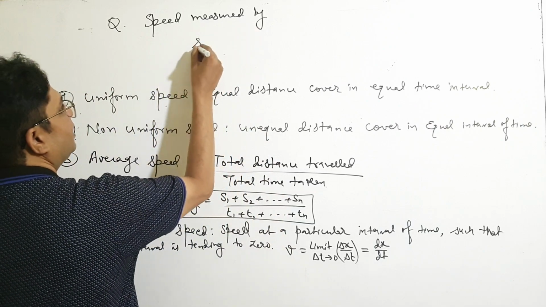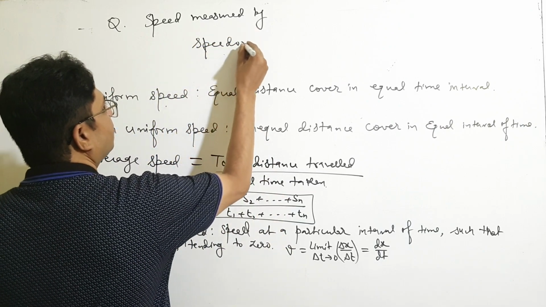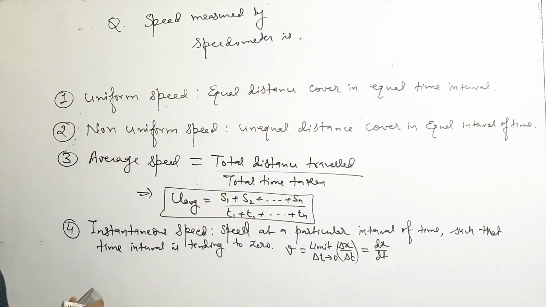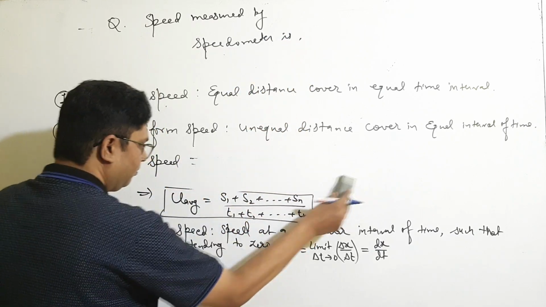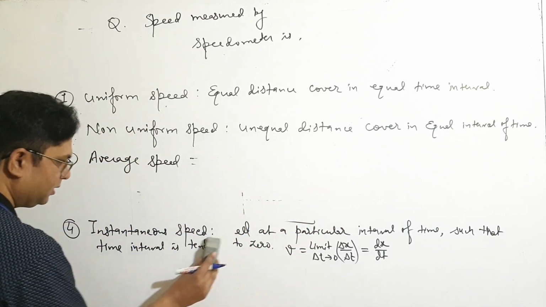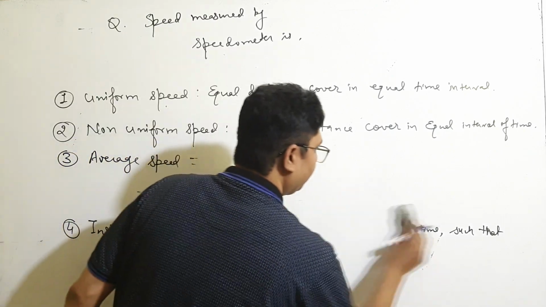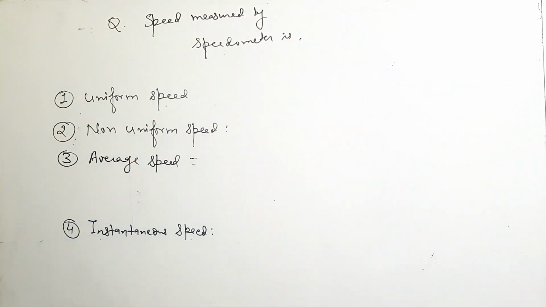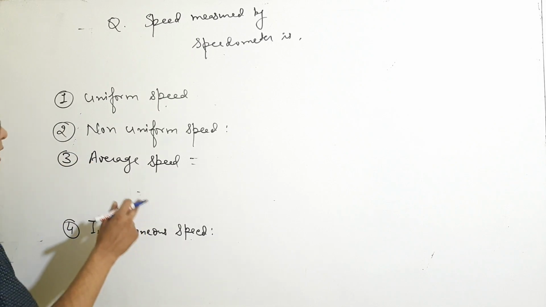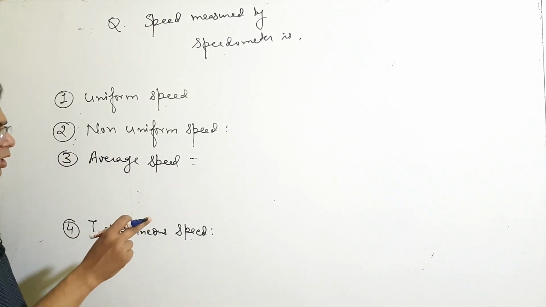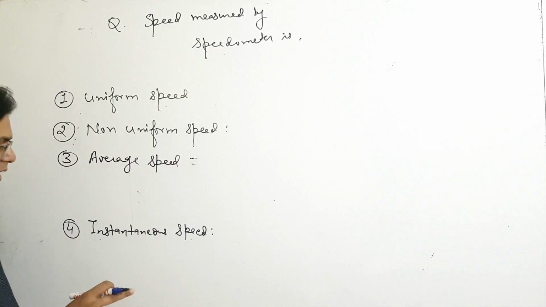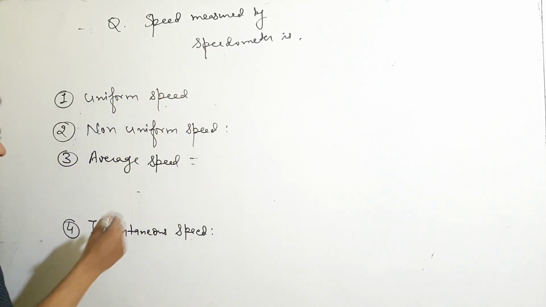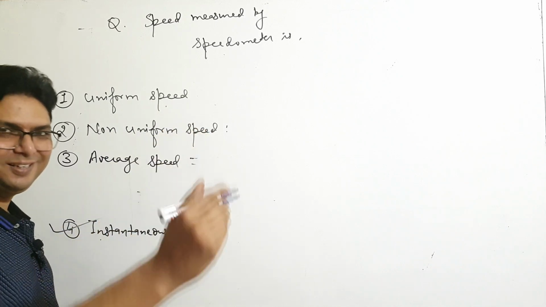Speed measured by speedometer is. There are 4 options. Option number 1, uniform speed. Option number 2, non-uniform speed. Option number 3, average speed. Option number 4, instantaneous speed. So the speed measured by a speedometer is instantaneous speed.